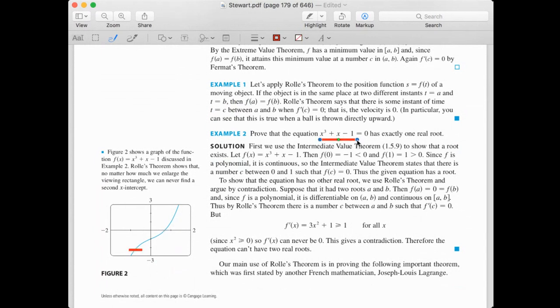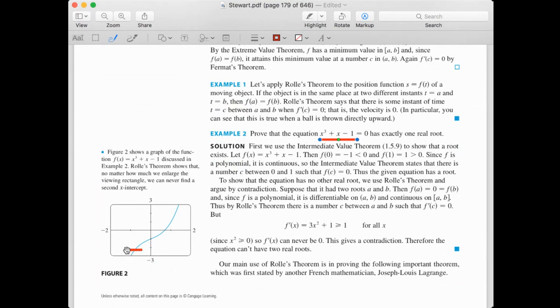If we make this a function, we call f of x equals x cubed plus x minus 1. This is a polynomial, a degree 3 function. Of course, it's continuous on all real numbers.